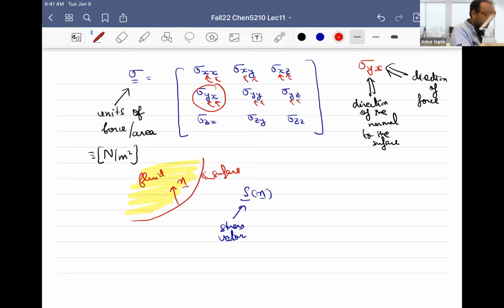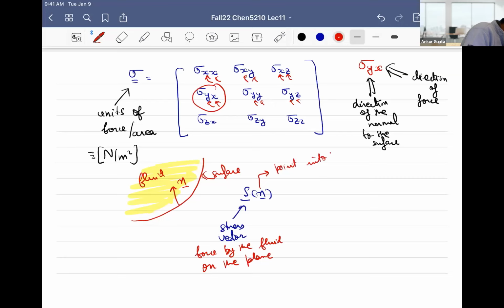If you remember, the stress vector is really force per unit area, and I want to be more specific: force applied, force by the fluid on the plane, and n needs to point into the fluid applying the force.